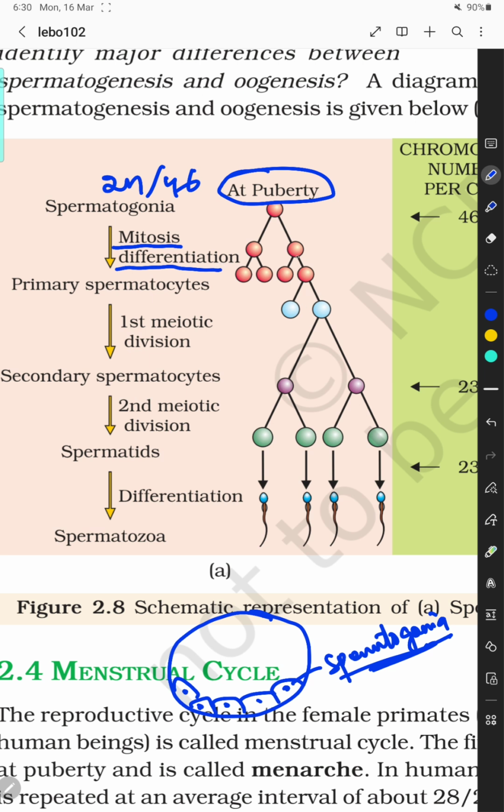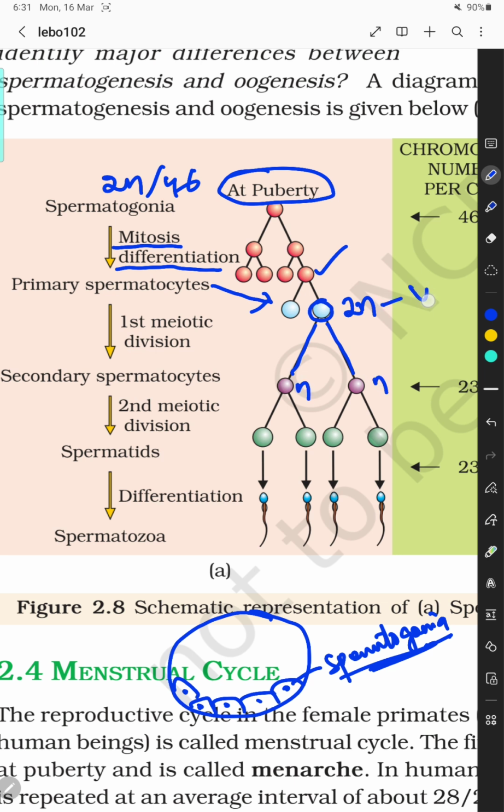differentiation and grows in its size. This is the spermatogonium. You can see here it has differentiated and grown in size, and now this structure is known as primary spermatocyte. No meiotic division has happened here, so what should be the ploidy of this cell? It is also 2n, remember. Then this undergoes first meiosis, and you know that in first meiosis the cell divides to form two haploid cells.